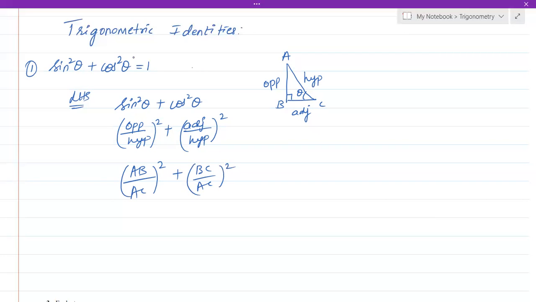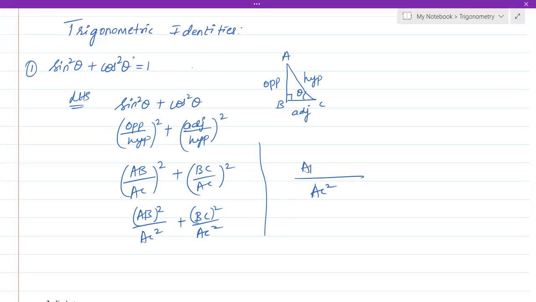Now since here AB and AC are in division, we can split the power. So it becomes AB square by AC square plus BC square by AC square. Now if you observe, the denominators are same, therefore we can write it once, AC square.